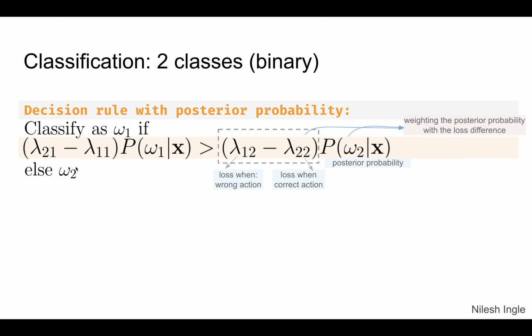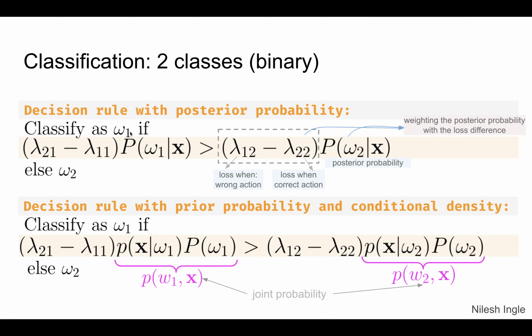I like to think about this as adding weight to the posterior probability to arrive at this decision rule. So if the product of this is higher, then we classify it as W1, else W2.